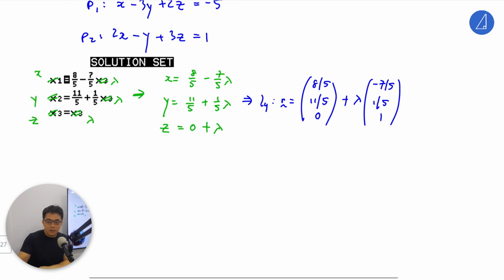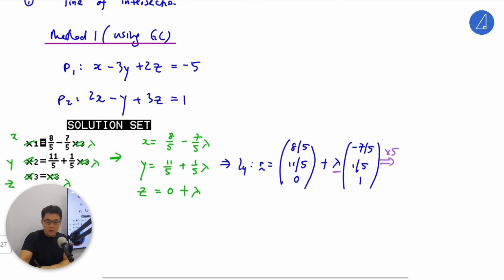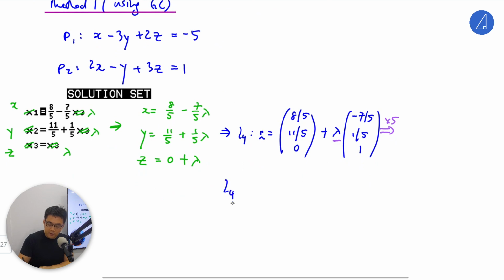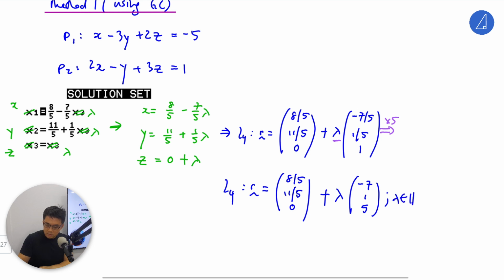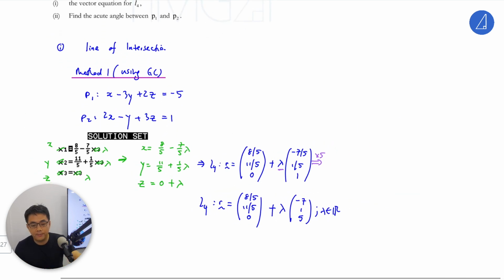Obviously the 5 we can multiply by 5 here, because the 5 can be absorbed into the lambda, so we are okay. Here you go, L4 done.